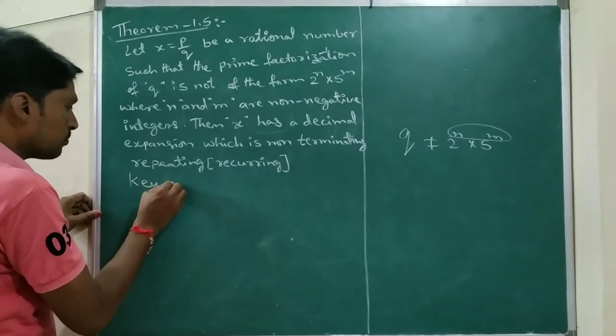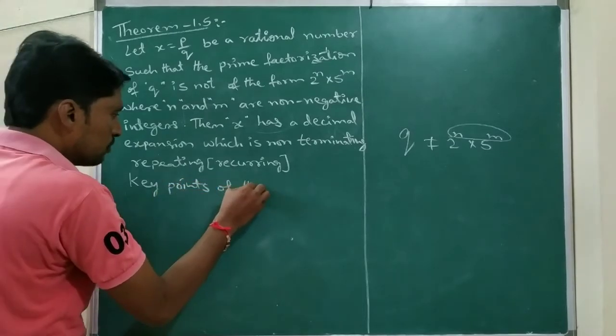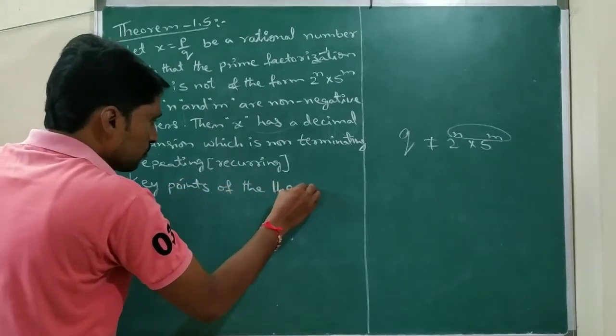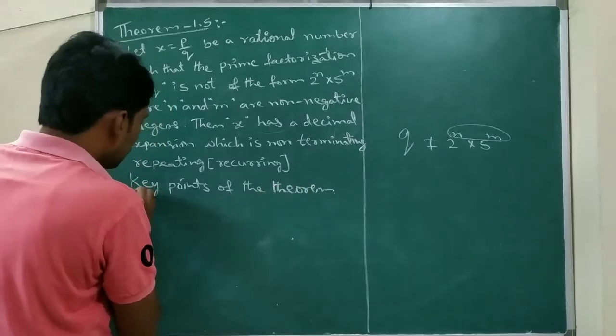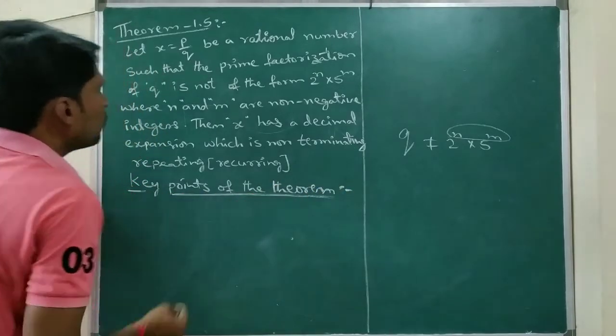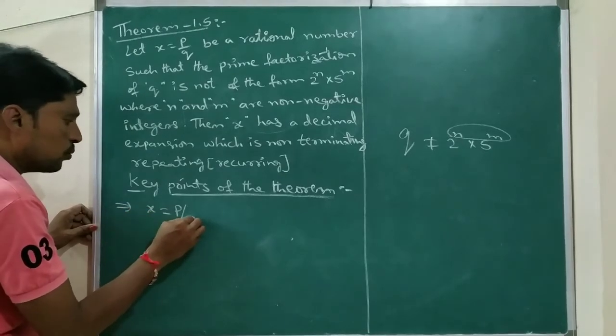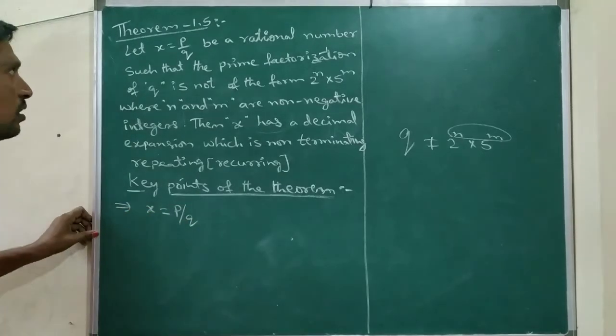So, key points of the theorem. Here x equals p by q, which means it is a rational number.